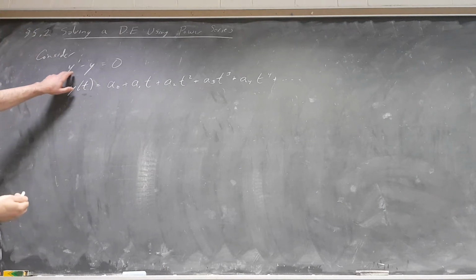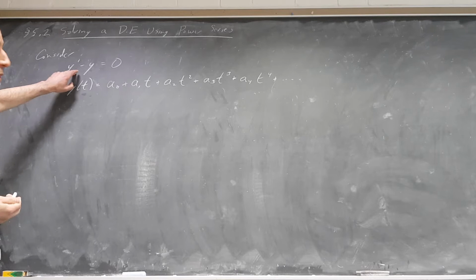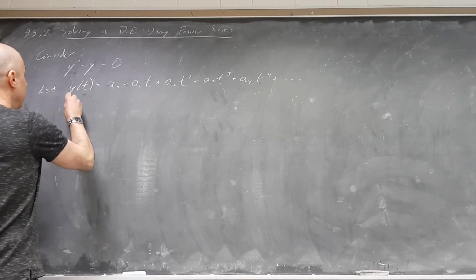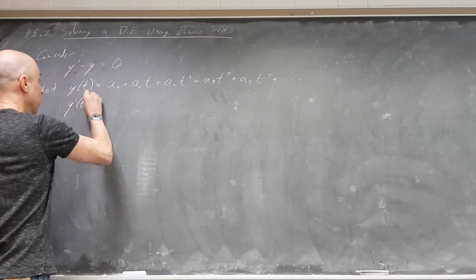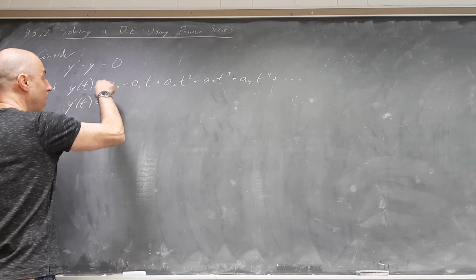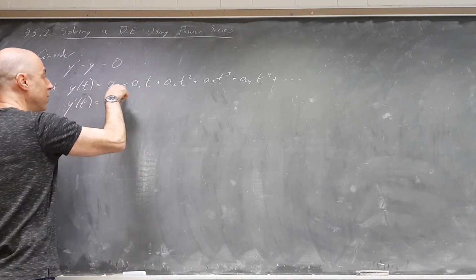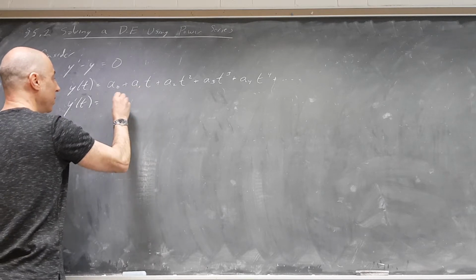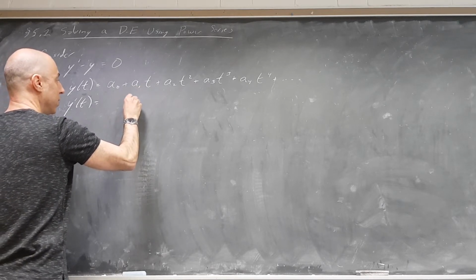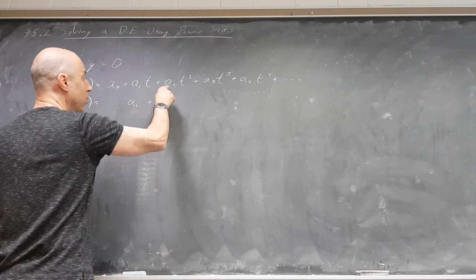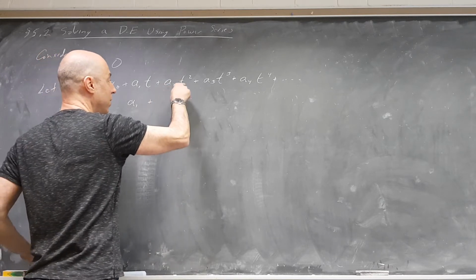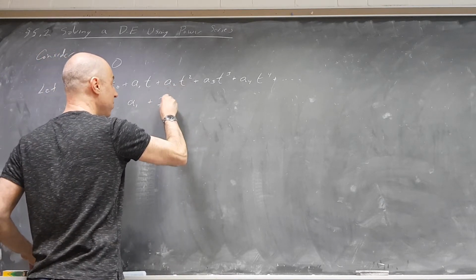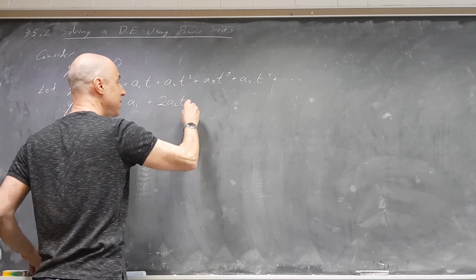Since the differential equation is a first order differential equation, we're going to need to take the derivative. So derivative of a constant is 0. Derivative of a number times t is just the number. Derivative of a number times t squared, the 2 comes down, 2a2t.